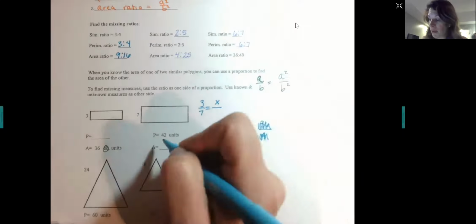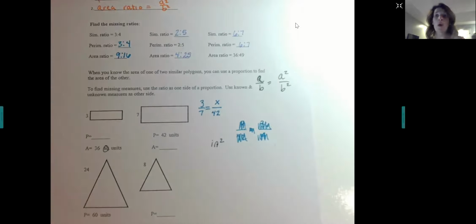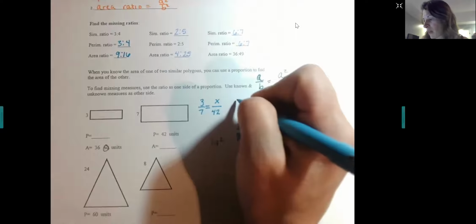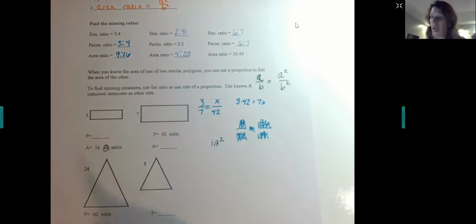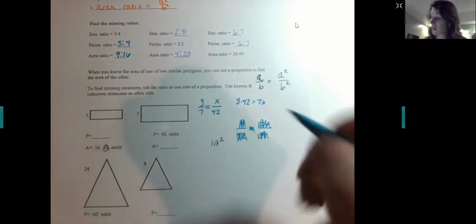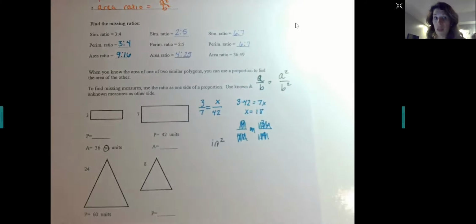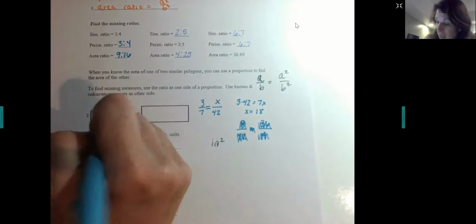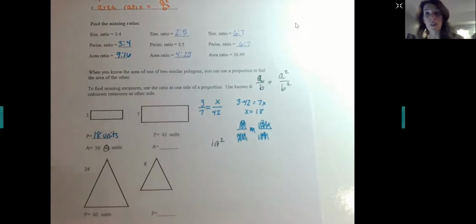I do have a perimeter for the large one, so that is 42. Now, I am going to assume that you guys can do that cross multiplication. So 3 times 42 is equal to 7x. And then you're going to divide by 7 so that we know that x is equal to 18. We have 18 units. Now remember, we're always going to put our units at the end.